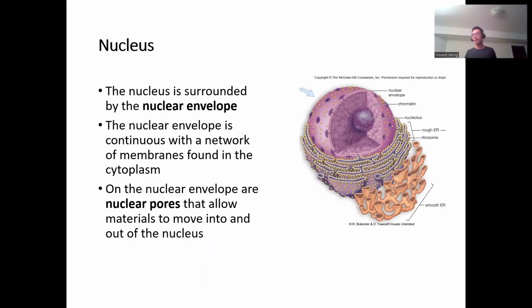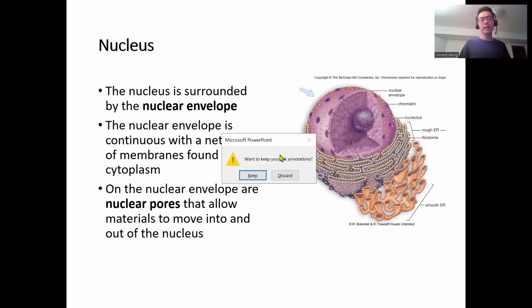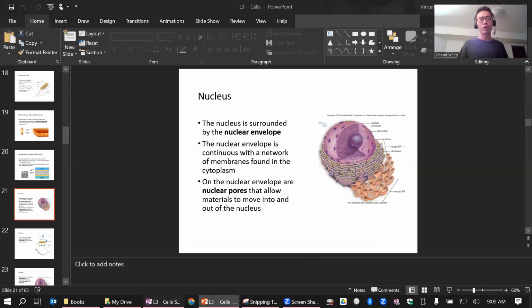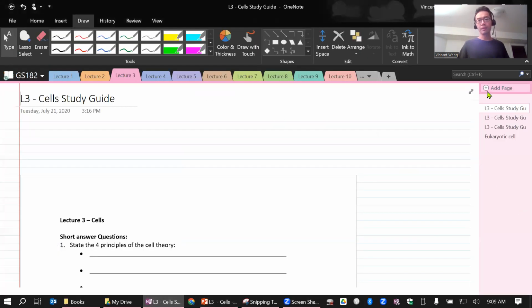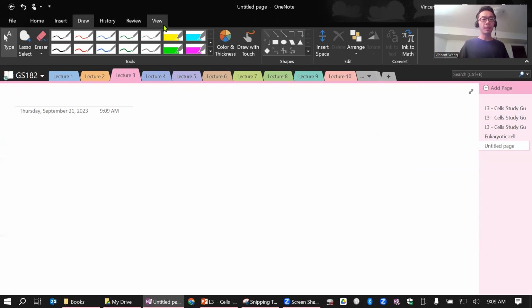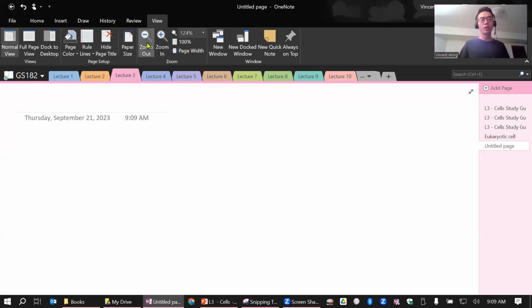All right, now this next couple of slides talks about various structures of the cell. I think it's best to learn this if we draw it together. So if you can get a piece of paper and draw along with me, it would help you understand what goes where and the relationship between them.